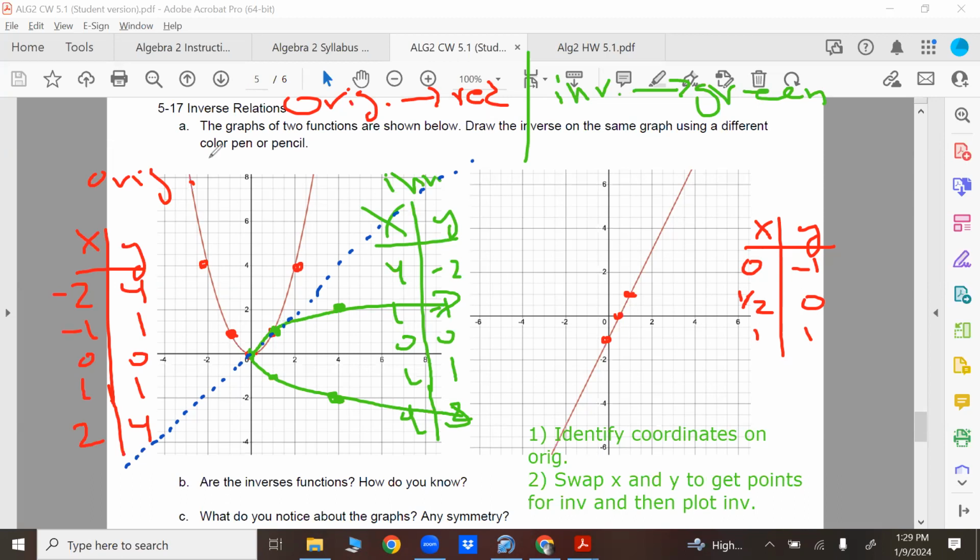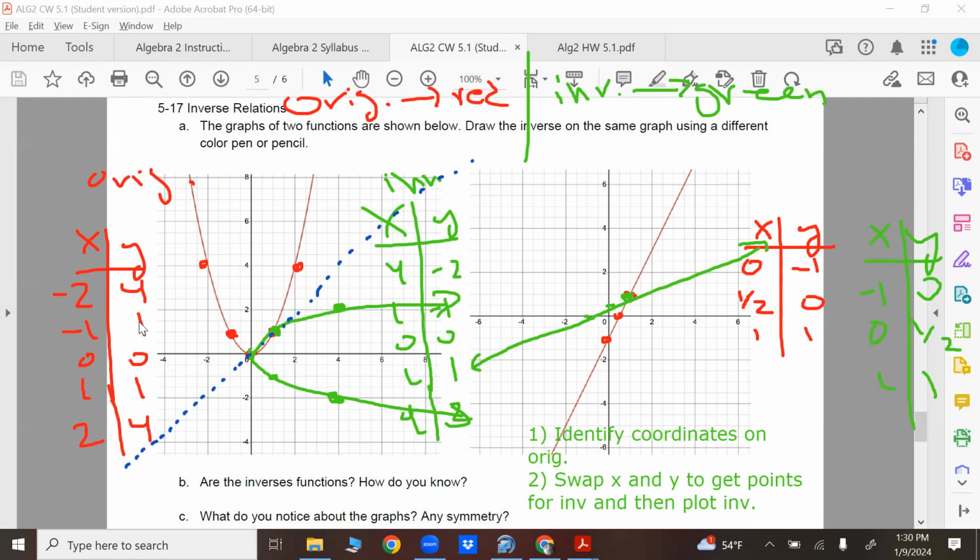So for the inverse, let's go back to green. You swap: (-1, 0), (0, 1/2), (1, 1). Not terribly straight. I could do better.